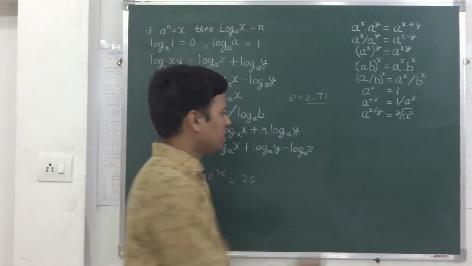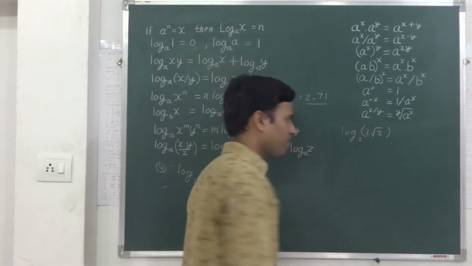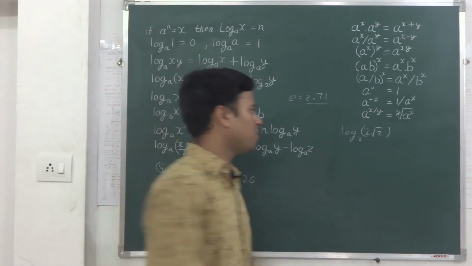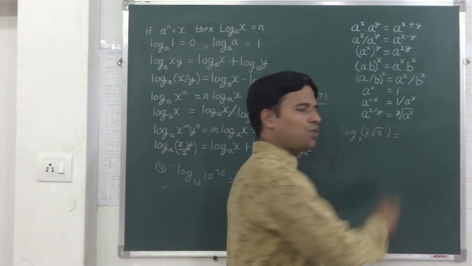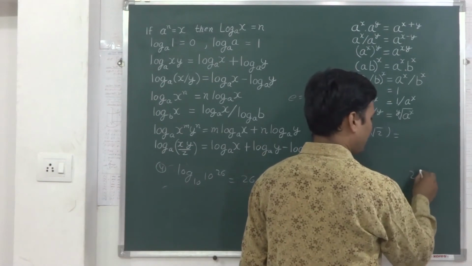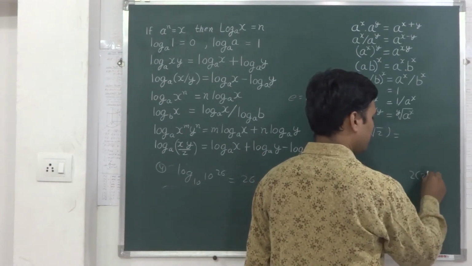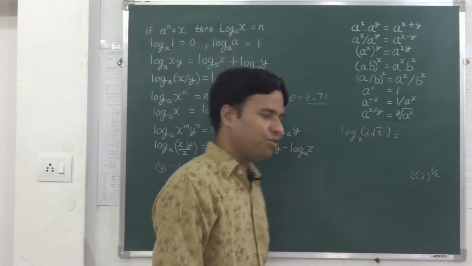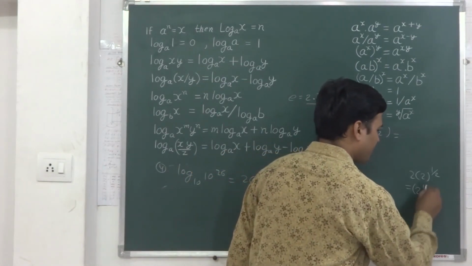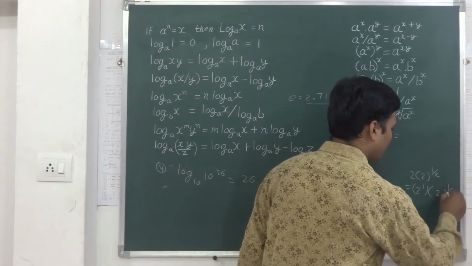There are some new problems. The logarithm of 2 root 2 having the base 2. So, 2 root 2 is nothing but 2 multiplied with 2 power 1 by 2.